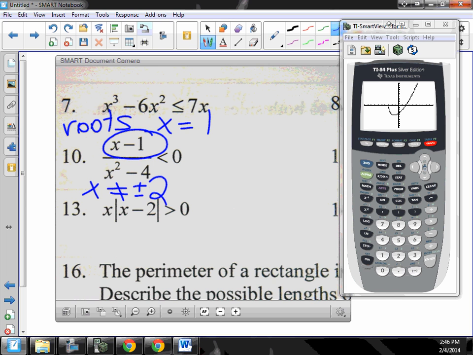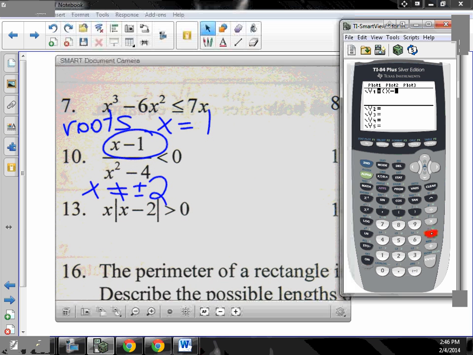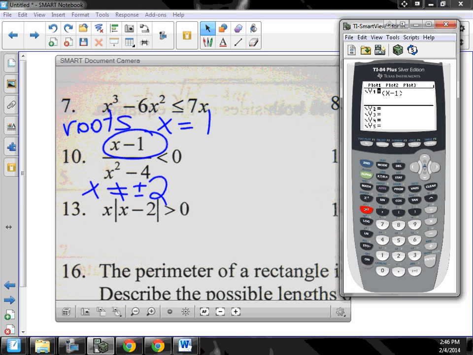So all we need to do is graph, and make sure you put these in parentheses, x minus 1 divided by x squared minus 4. So those are the two asymptotes, and you see the root is also there.